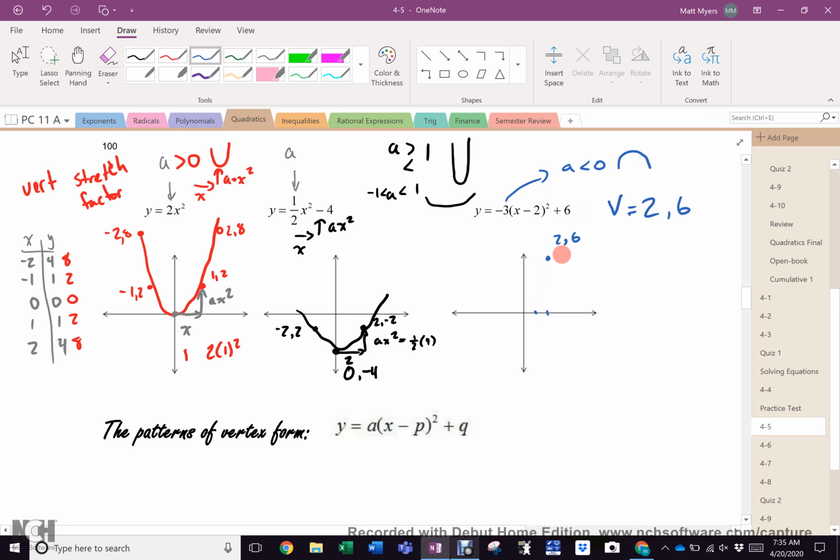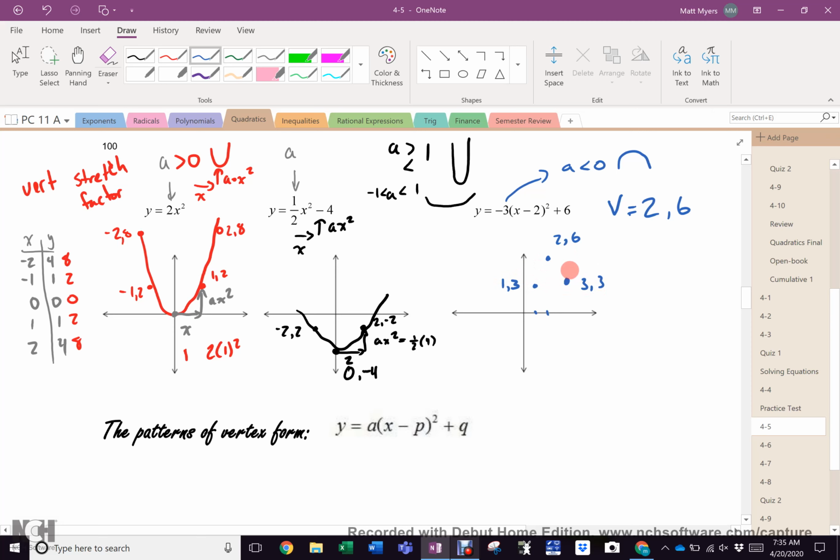Now normally I go over 1 and down 1. But there's an A value of 3. So I'm going to go over 1 and I'm going to go down 3 times 1, which is 3. So my first dot is going to be over here at 3 and down 3. 3, 3. And that is going to be reflected right here at 1, 3.